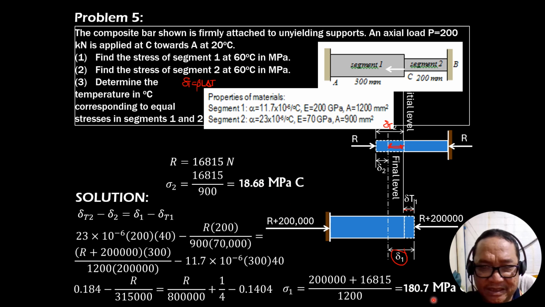We just leave segment 1 in compression because it's very high. So for segment 2 to be in tension, the final temperature should be low or it should contract. That's the idea, so that the force in segment 2 will be in tension as shown here.